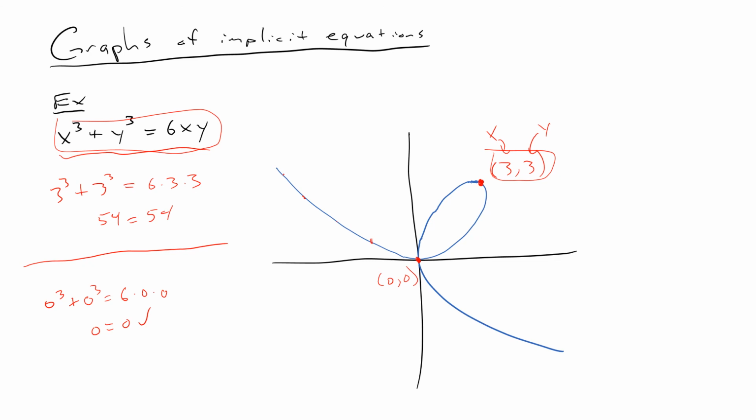Okay, so I show you this just to get across the idea that even though this isn't a lesson on graphing implicit equations, a lot of these implicit equations that we'll be working with do have graphs, and if they have graphs, then we can talk about one of the main applications of derivatives, and that's tangent lines. So for example, if I wanted to draw a tangent line at this point (3, 3), it would be a line that comes in and just touches the graph at that one point.